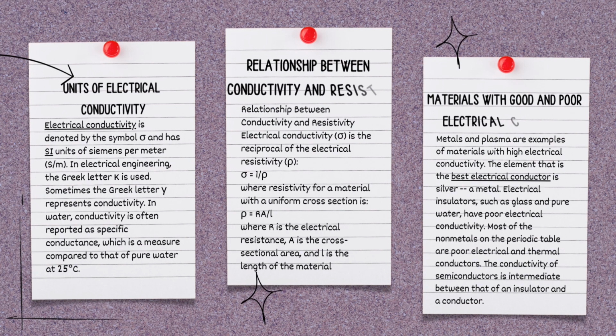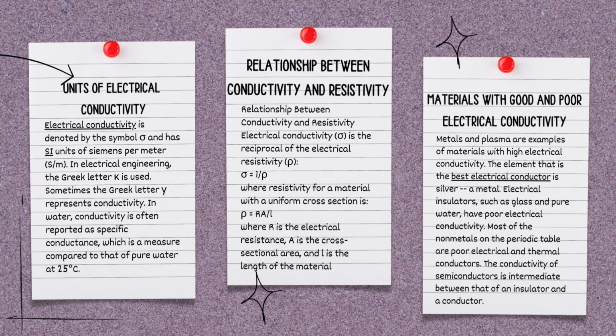Units of electrical conductivity. Electrical conductivity is denoted by the symbol sigma and has SI units of Siemens per meter. In electrical engineering, the Greek letter kappa is used. Sometimes the Greek letter gamma represents conductivity. In water, conductivity is often reported as specific conductance, which is a measure compared to that of pure water at 25 degrees Celsius.